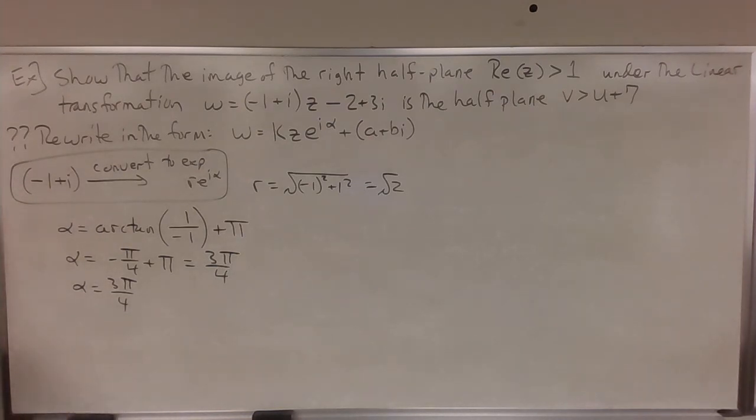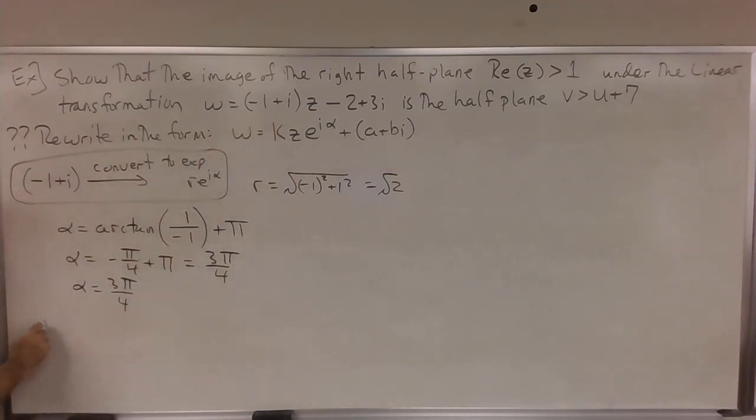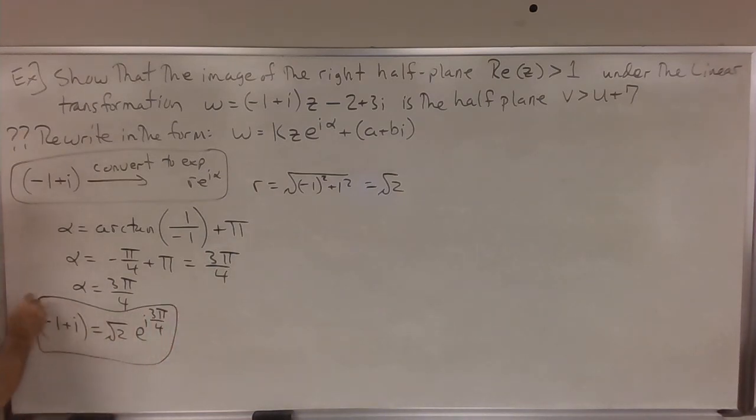And negative 1 plus i is equal to square root of 2, that's r, times e to the i times alpha, which is 3 pi over 4. Okay.